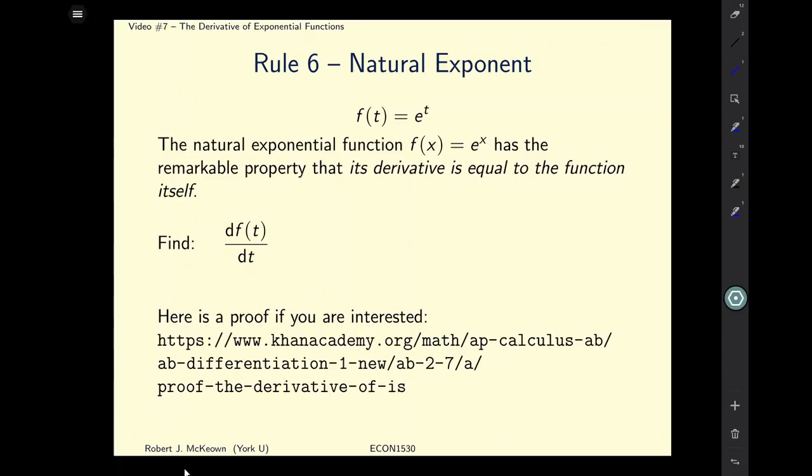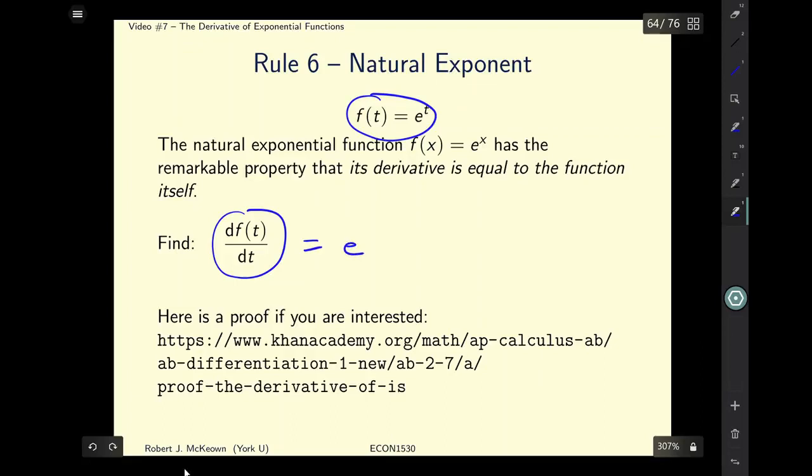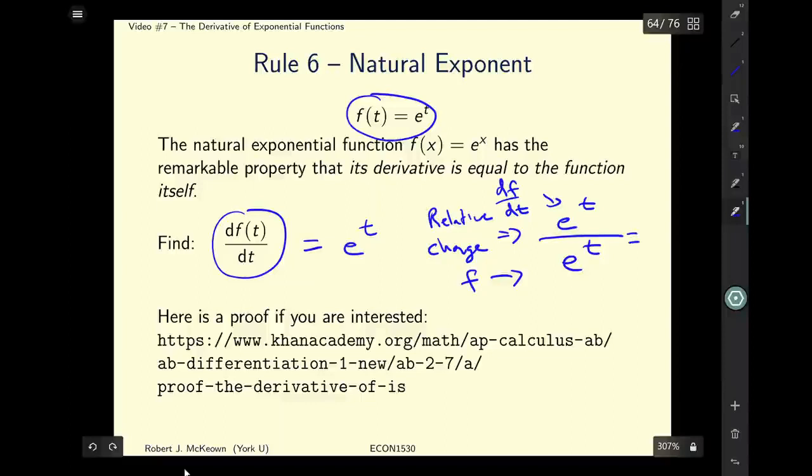So the derivative of the natural exponent is itself. And that means if I want to take the derivative of this thing, I'm just going to end up with e to the t. And notice that the relative change, that's my derivative over the function itself, is just equal to 1.